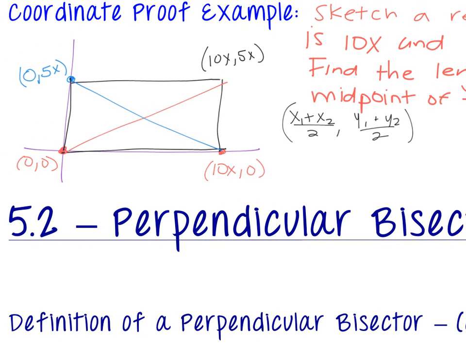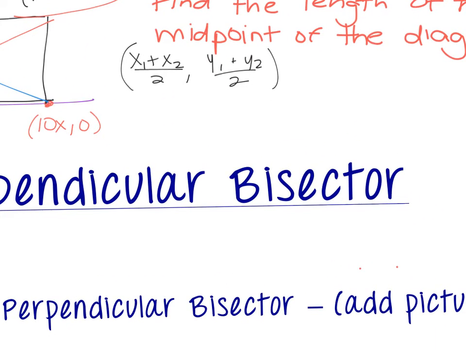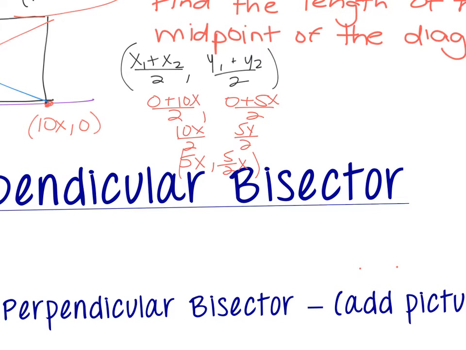So let's say I stick with these again, and I did the zeros and the 10x. So I would do 0 plus 10x divided by 2, 0 plus 5x divided by 2. I'd get 10x divided by 2, which is 5x, and then 5x over 2, which can stay as 5 over 2x or 5x over 2.